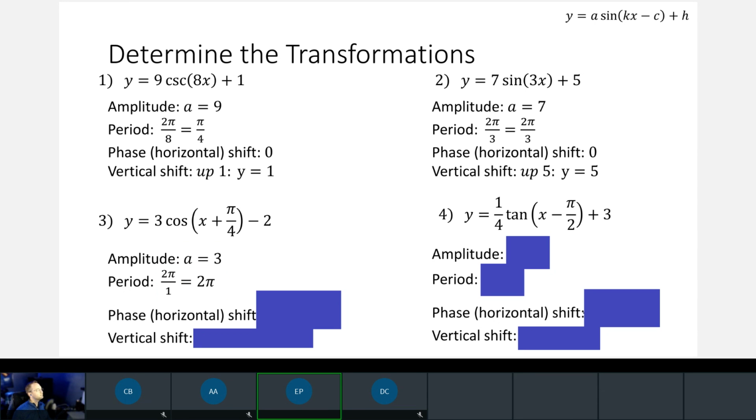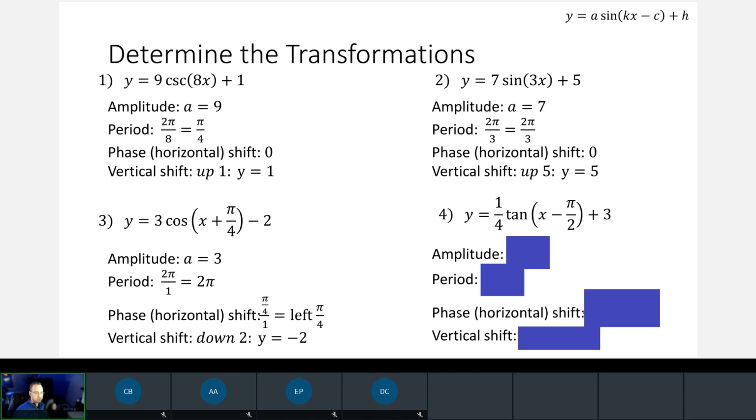Very good. For the horizontal shift, I got negative pi over 4 because it's a plus sign, so the standard form is x minus, which would make it a negative. So that would be left pi over 4. Perfect. And then vertical shift is down 2. Excellent. Nice job.